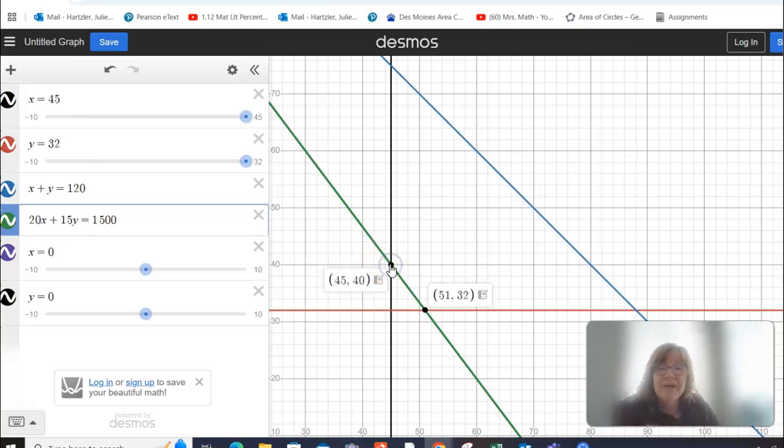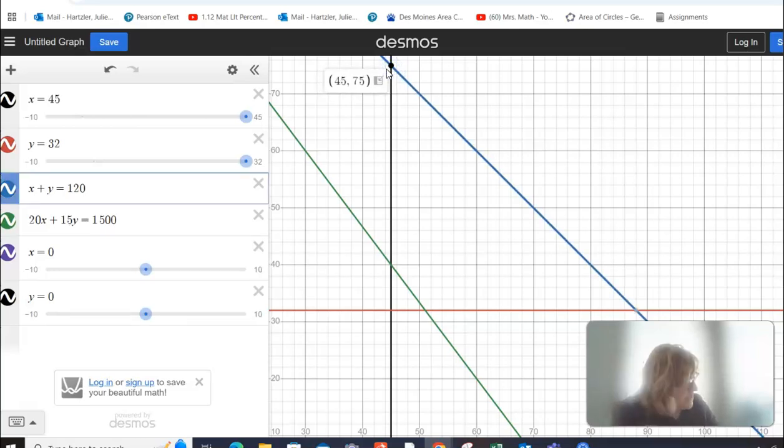This one is part of my shaded region. That's 4540. This one up here is 4575. And this one over here is 8832.